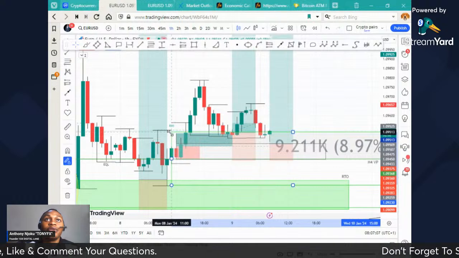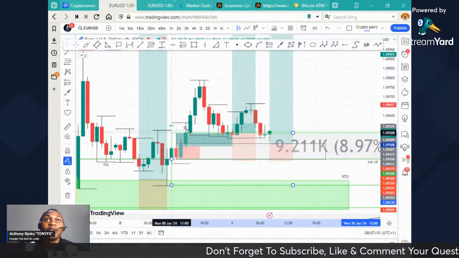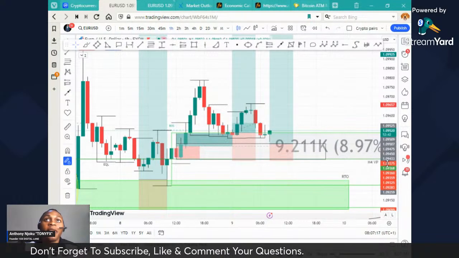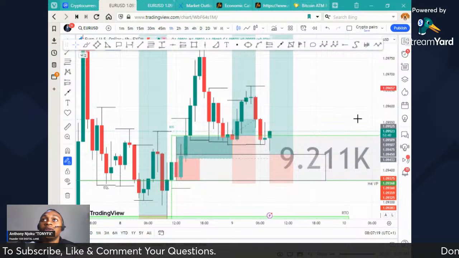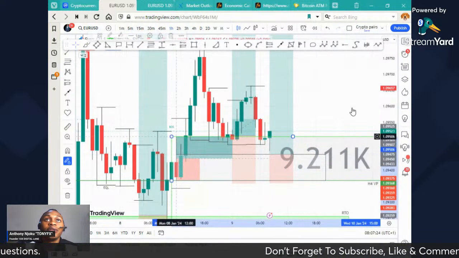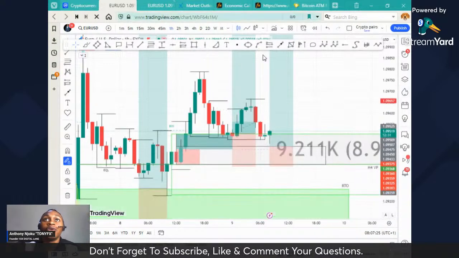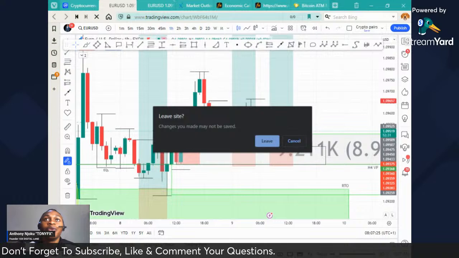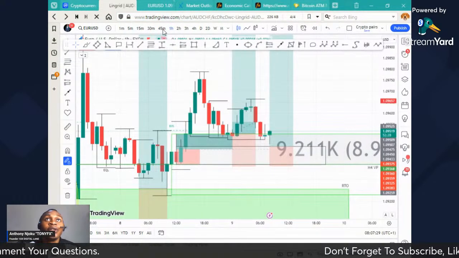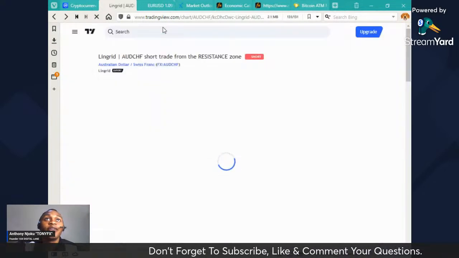This is the refined order block for the 1 hour. After we have done that, we refine further and go down to the 45 minutes.